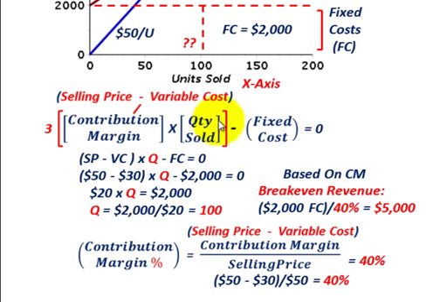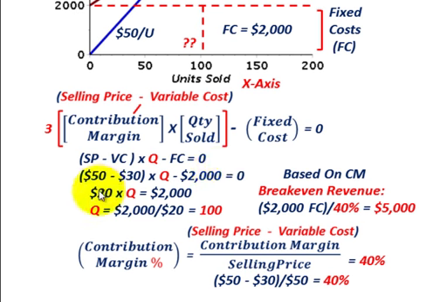So that's really our operating income equation from the equation point. So just looking at our selling price minus our variable cost times the quantity, this is what we're solving for, the quantity, minus our fixed cost. We set all that equal to 0. So just solving it here, $50 for the selling price, variable cost 30 again, times our quantity, and then subtract out the $2,000 fixed cost equal to 0.